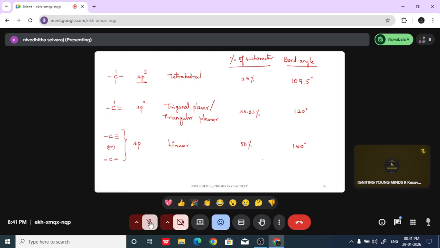Next is carbon-carbon single bond, carbon-carbon double bond, carbon-carbon triple bond. As the number of chemical bonds between the atoms increases, what is happening to the bond length? Decreases. Yes.